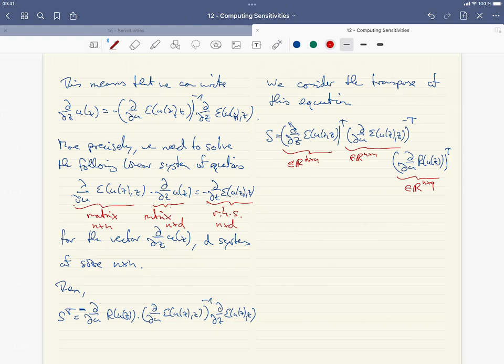And now I can interpret this differently, namely now the inverse here acts on this one. So this is now the equations that I need to solve. So now we need to solve linear systems of this form.